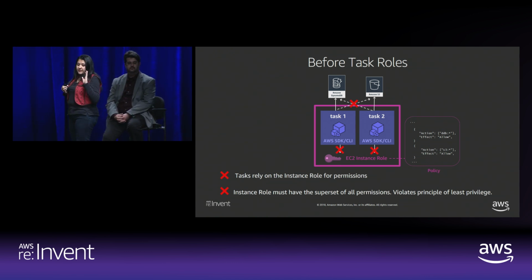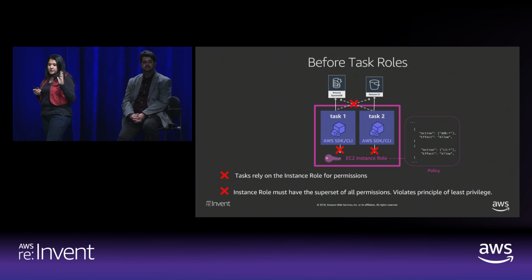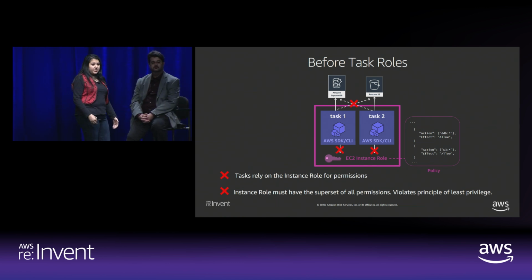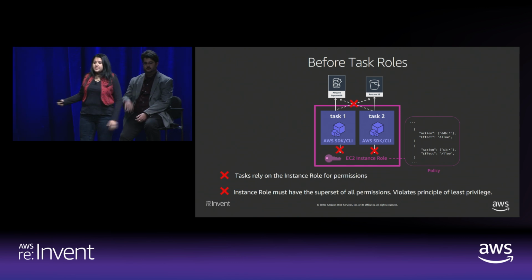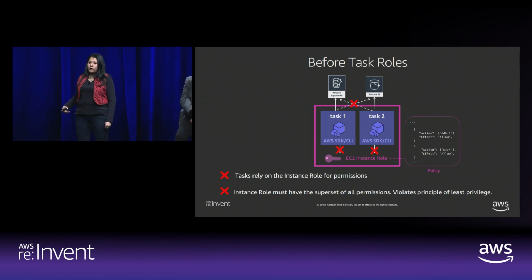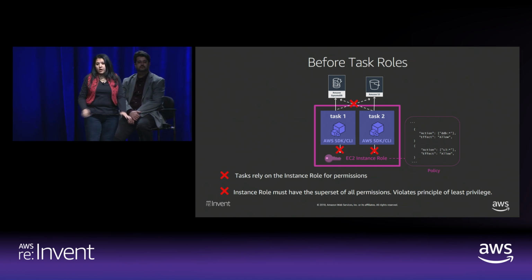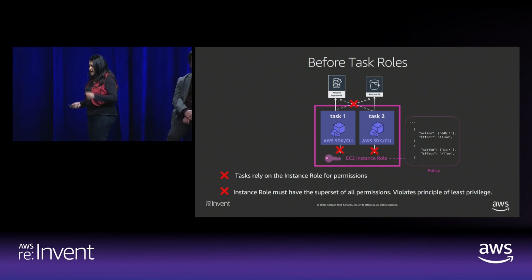Your task one that only really needs to access the DynamoDB table can now also access this S3 bucket that it has no business accessing just because it's sharing the same role that a neighboring task might also be using. And we certainly don't want this kind of thing in Fargate. We need to isolate the tasks.